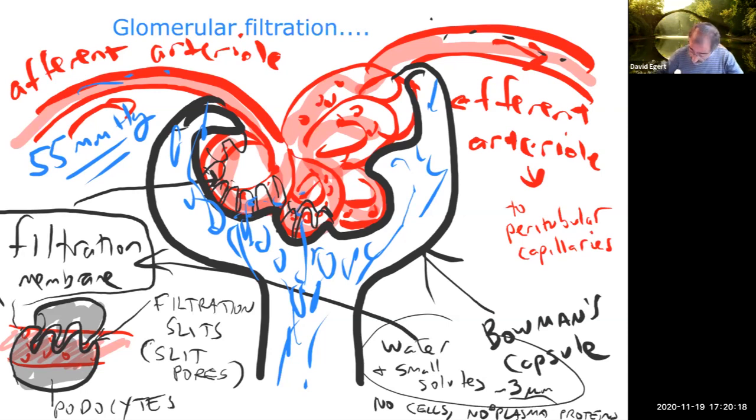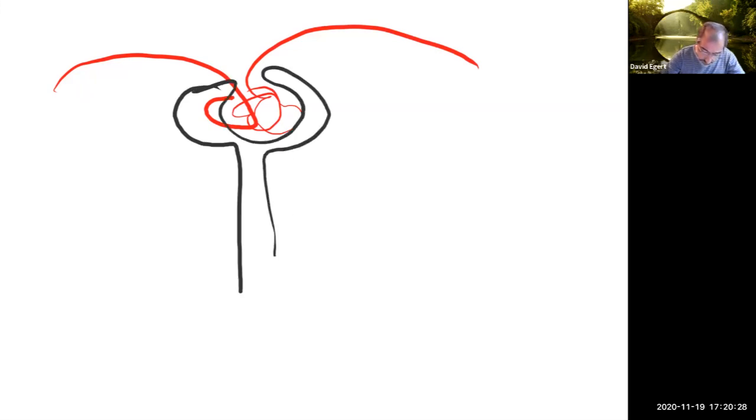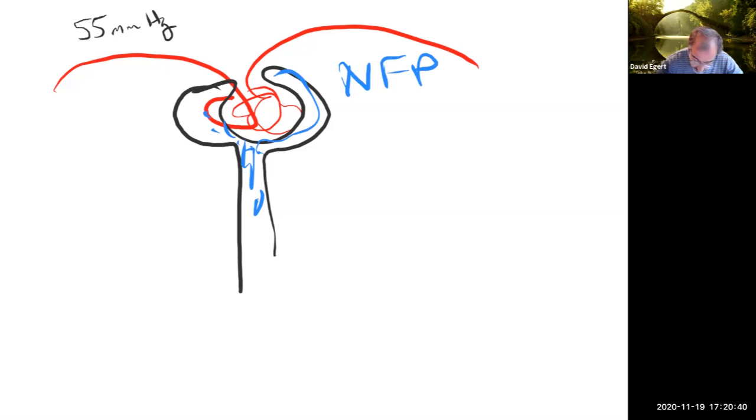So we're going to look at this in a little more detail now. We talked about 55 millimeters of mercury coming in. So we're going to talk about NFP, the net filtration pressure. Let me get less sloppy.